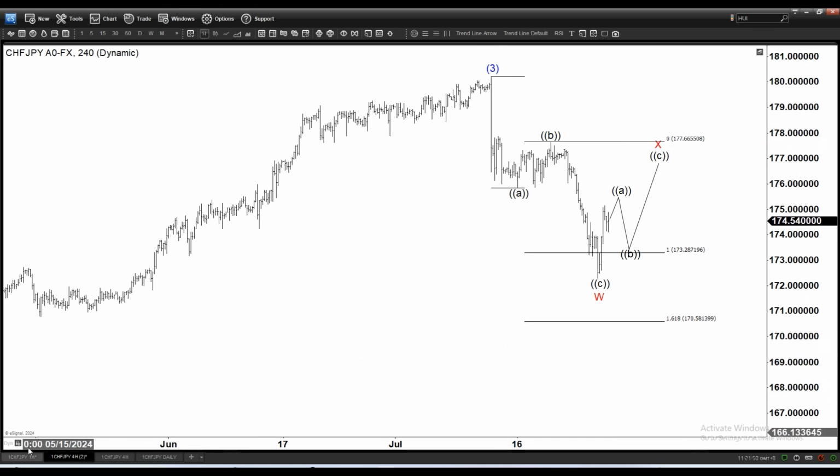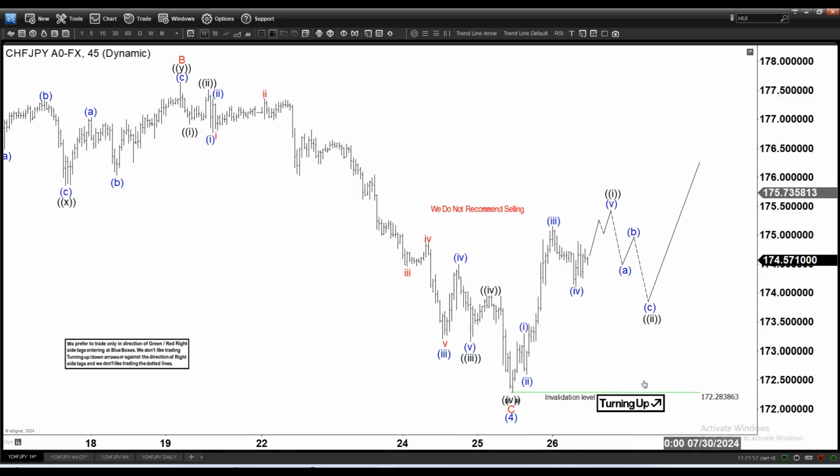So even if this is not wave 3 and it's only wave C, still, because this one kind of looks impulsive, most likely we might see another leg up as long as we stay above 172.28. So at minimum we can at least look to be seeing another leg higher in the Swiss yen, all right, as long as we stay above 172.28.